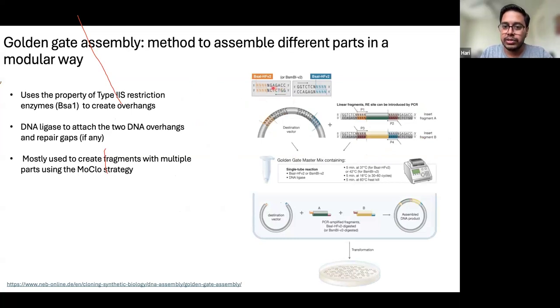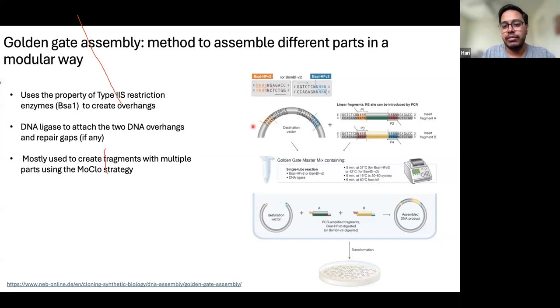If you notice here, let's talk about the BSA1 restriction enzyme. The sequence GAGACC is recognized by the BSA1 restriction enzyme. What it does is it leaves one nucleotide and then it cleaves in such a manner that the 4 nucleotides after that skipped nucleotide remain in the overhang.